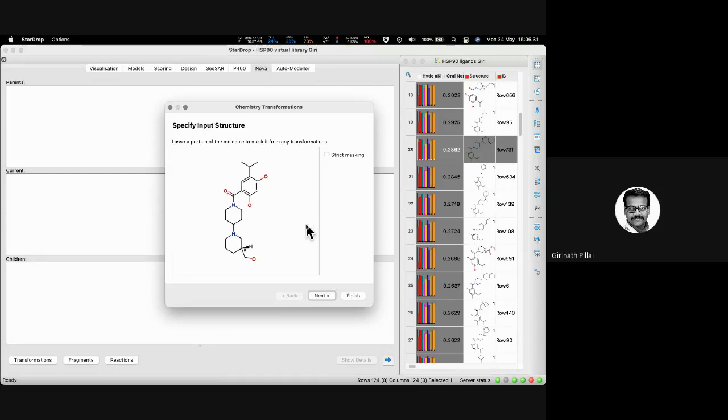Now I have to define which region of the compound I do not want modified. I will say this region I don't want modified. Whatever is highlighted, I want modified, because I know the other region doesn't have any toxicity issue and is also good for activity. I don't want to replace any of them.